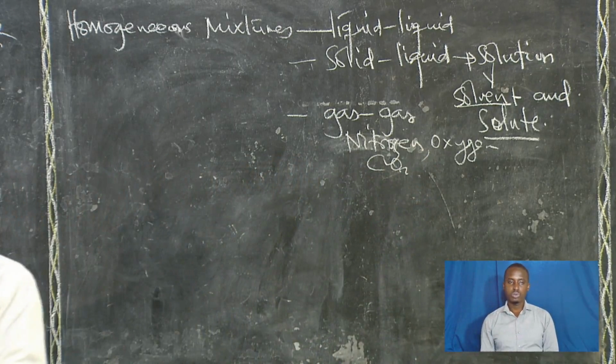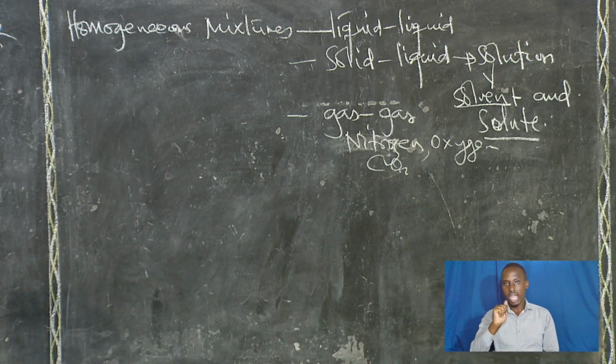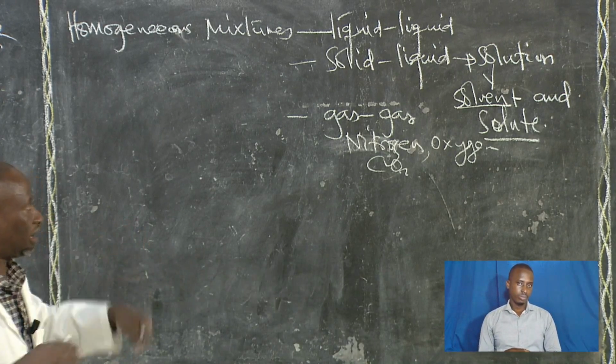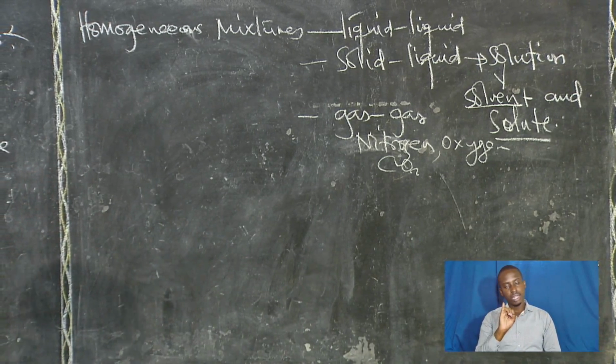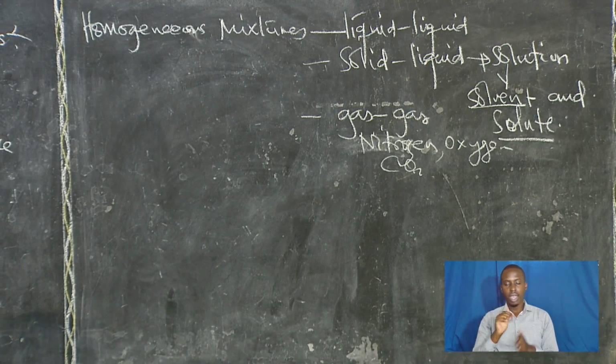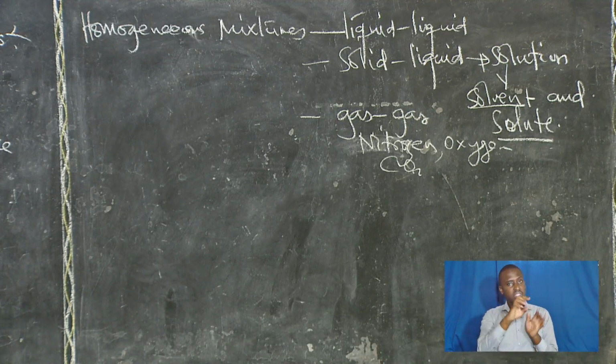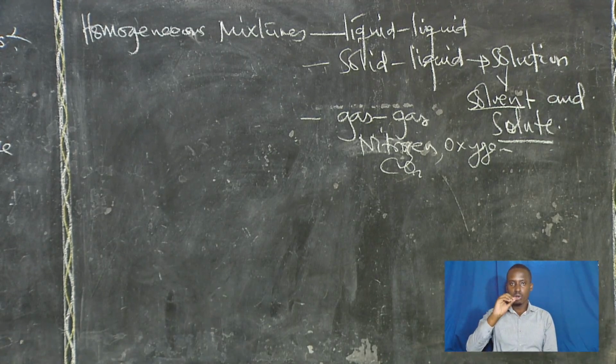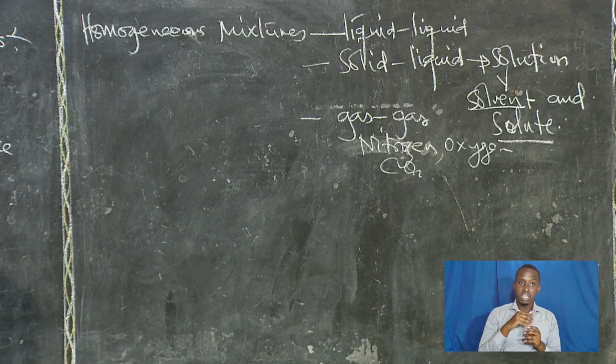So that could be a gas mixture. So we may have liquid, solid, and other mixtures. Those are some of the examples that we are giving which are homogeneous.